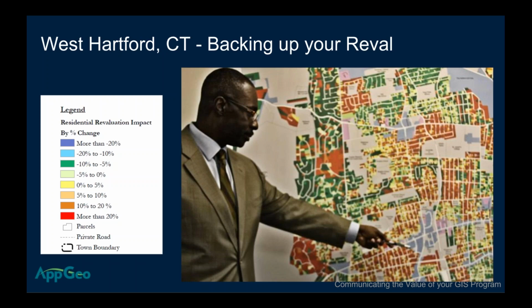The mayor comes in every year when there's a reval, and they say, we need that map. That map helped us last year. It helped me answer questions. So find those connection points with the decision makers who have the budget strings. If you can show them the value of your resources, the things you're creating, that's the way to really draw them in and make sure you're getting what you need, or showing your value.